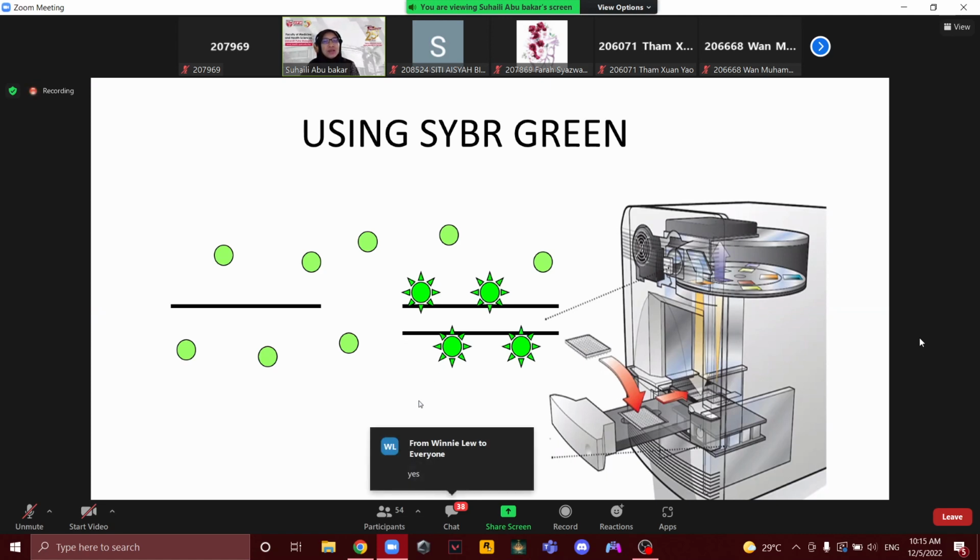For example, you put in, we consider, 100 molecules of the double-stranded DNA. Okay, we put in, it cannot be too much. We put 10 microliter of the 10 nanogram DNA.